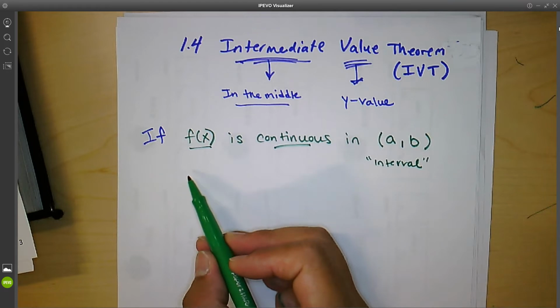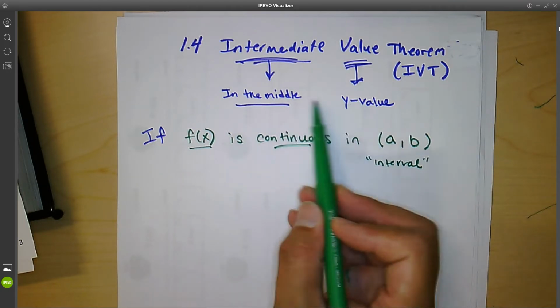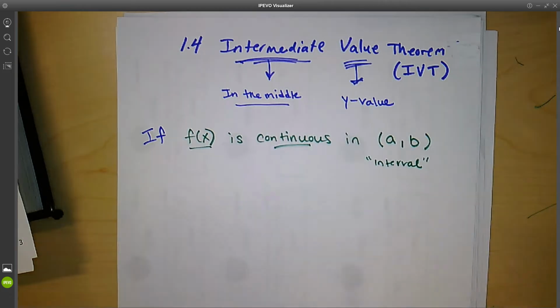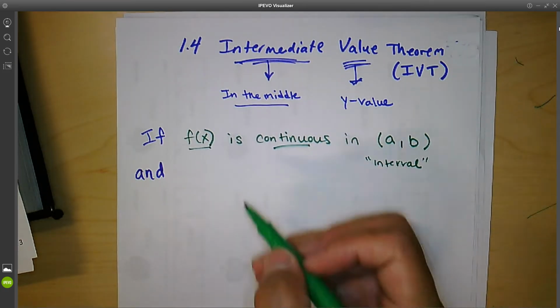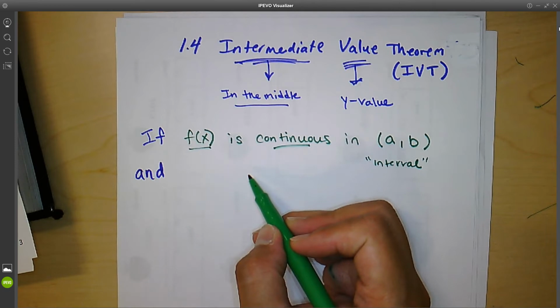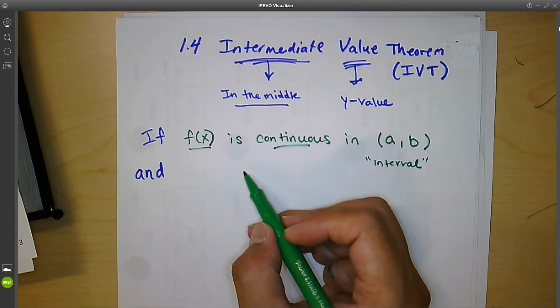Okay, the second part of the theorem says something about the y value in the middle. So if f of x is continuous and the middle value, let's let f of c be a middle.